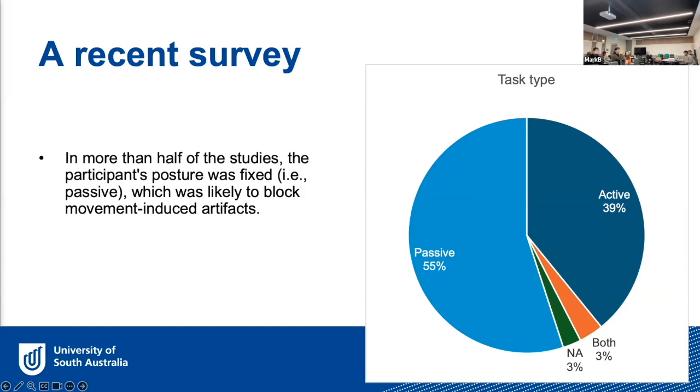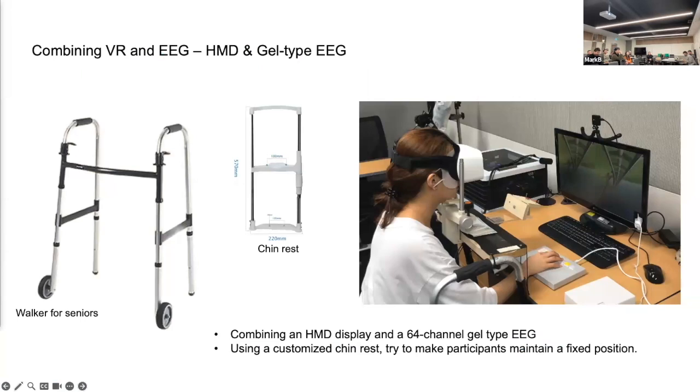I definitely understand why they use this kind of setting, because as you know, most physiological signals are really weak to movement artifacts. So they adopt this kind of passive environment. I also have some experience adopting this passive environment.